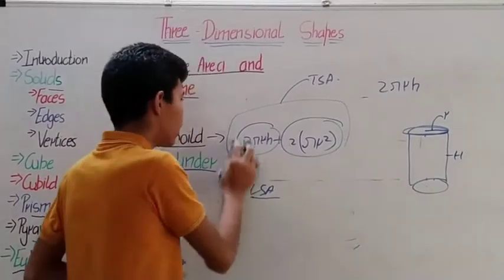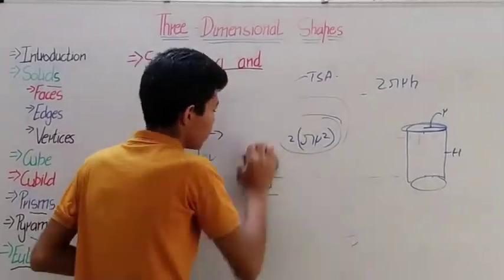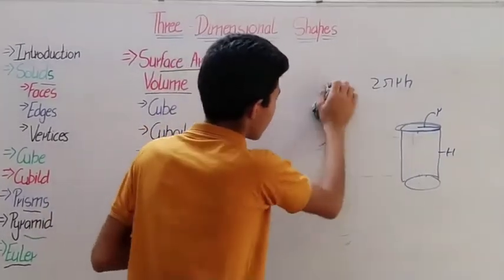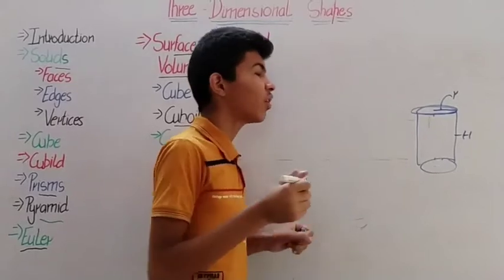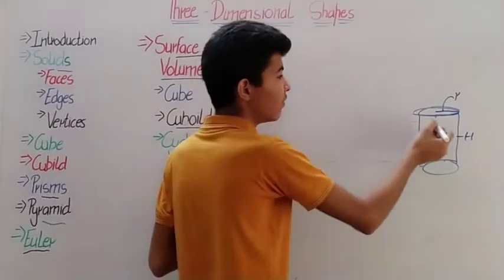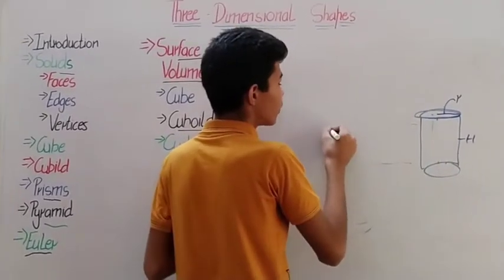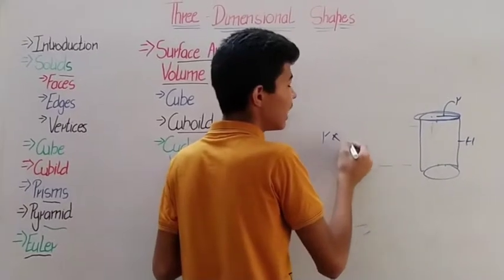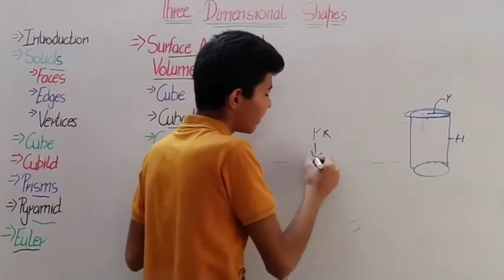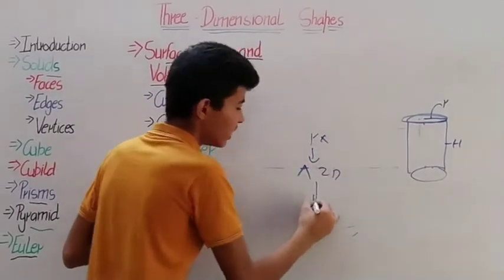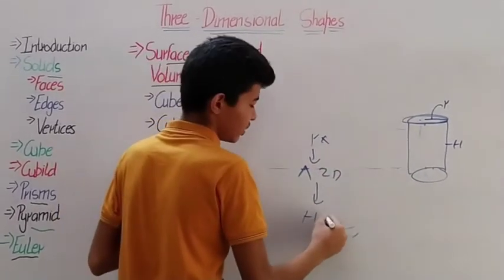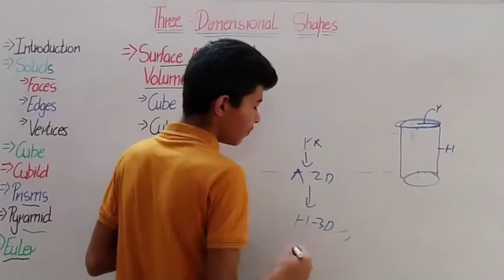So what is the volume of this? Volume is classified as a 3D quantity. If you take this radius and convert it into area, we get 2D. To create it 3D, we have to multiply it with height.